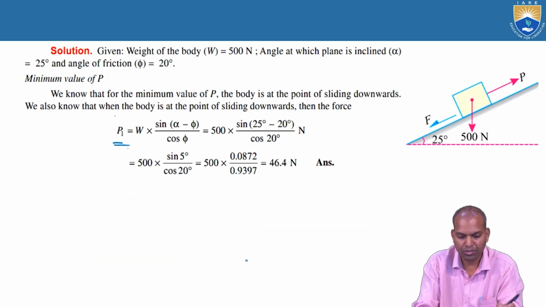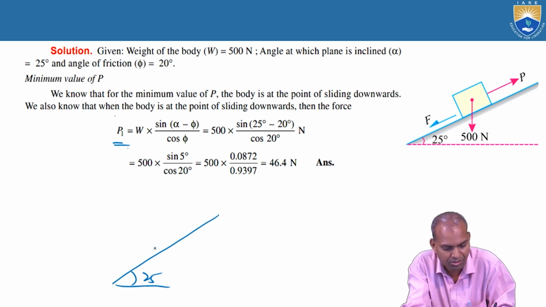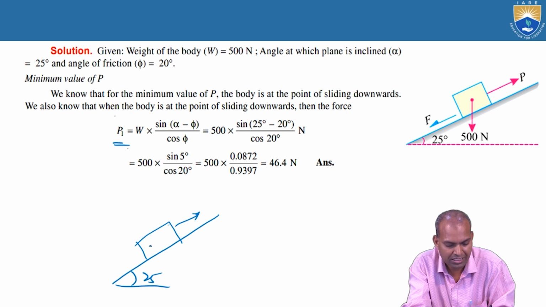But for the minimum value of P consideration, the body slides downwards, the direction of the motion of the body is downwards.